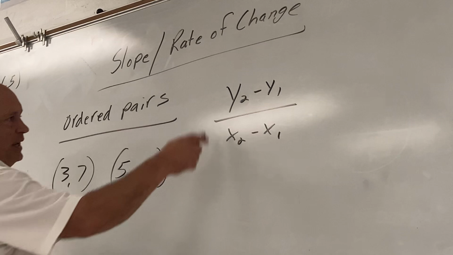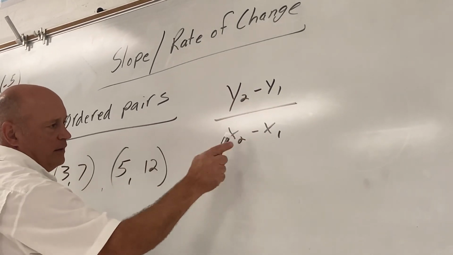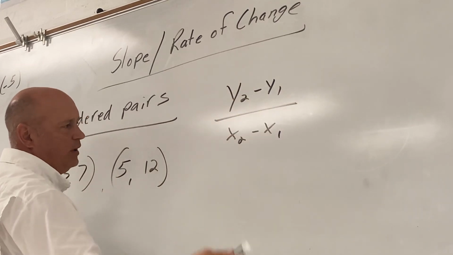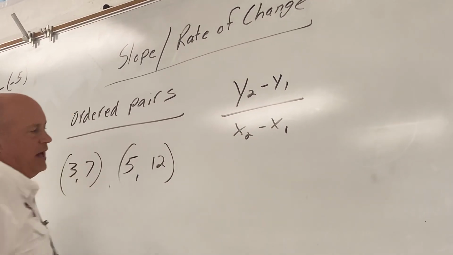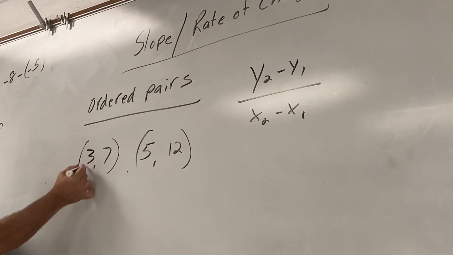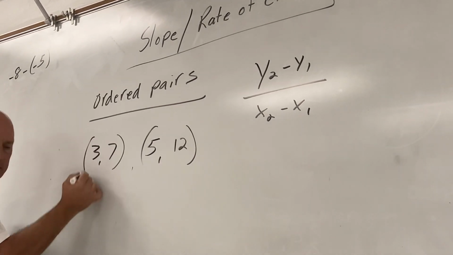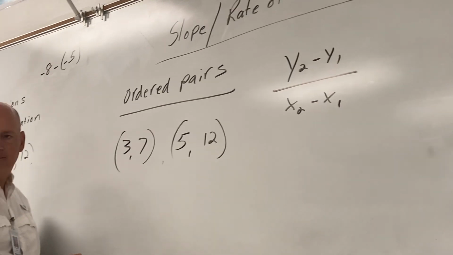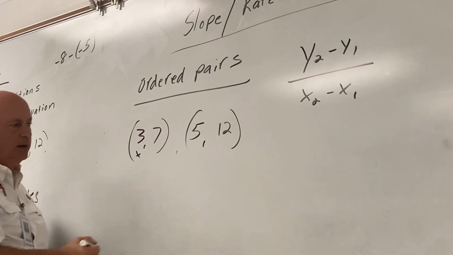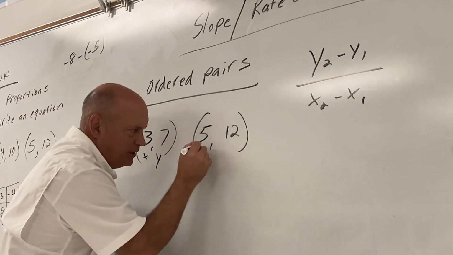We need to plug in a number for each of these. We're going to plug in a number for y2, a number for y1, a number for x2, and a number for x1. What's the first number in an ordered pair? 3. Not 3, that's the x. What's the second number in an ordered pair? y. What's the first number again? x.